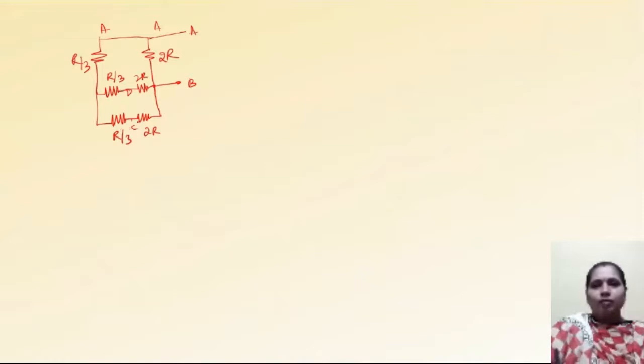So R by 3 and 2R are in series. Next R by 3 and 2R are in series. This combination is in parallel and that is in series with R by 3. Again that combination is in parallel with 2R. So we are going to simplify this series parallel connection. So it is R by 3. Here it is 2R. These two points are connected to point A.